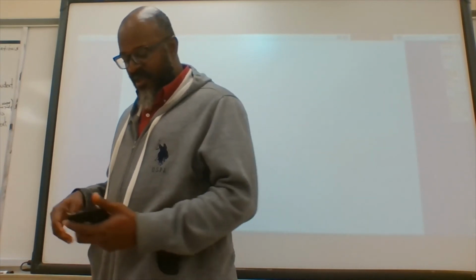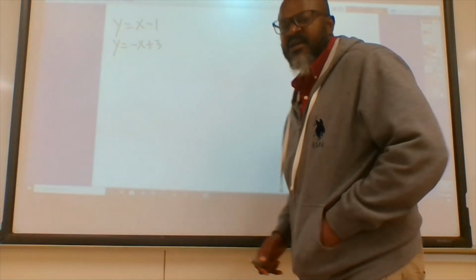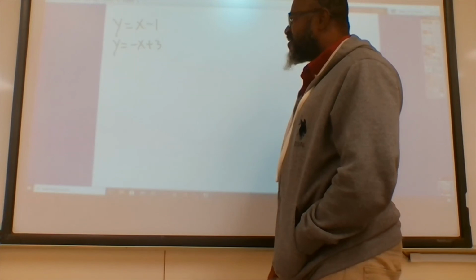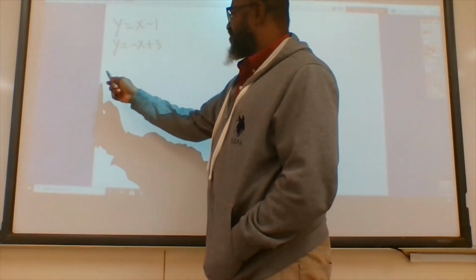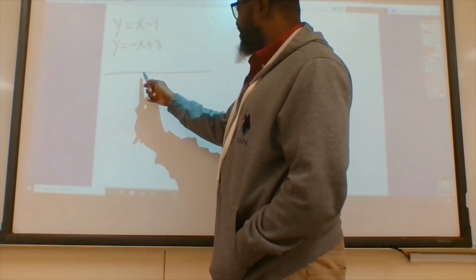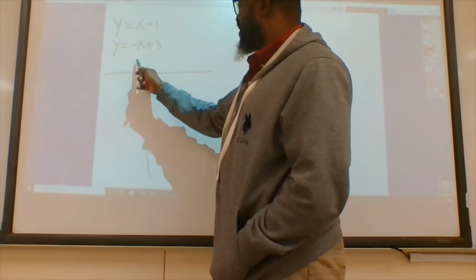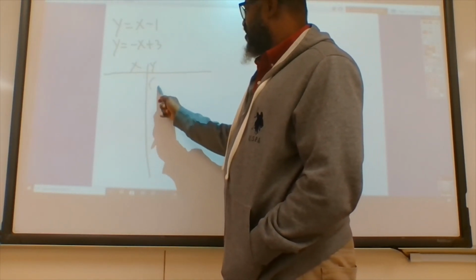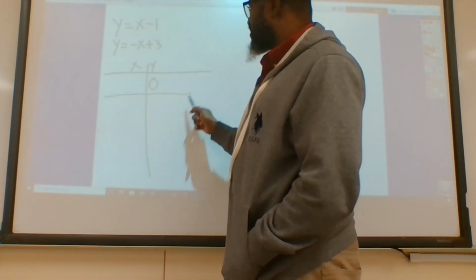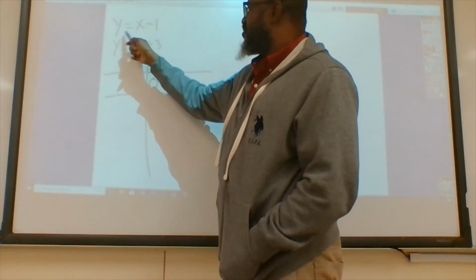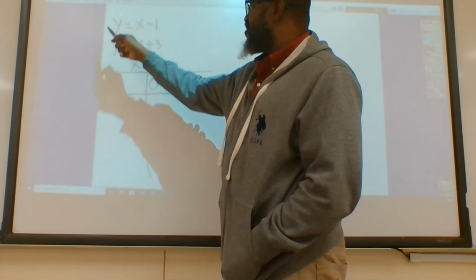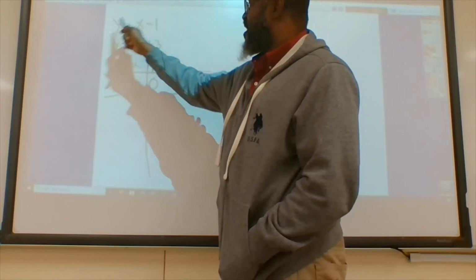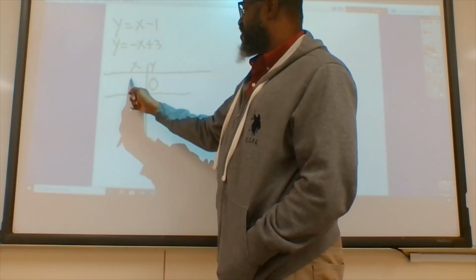So let's continue with more graphing of systems of equations. We have the system here. I'm gonna let y equal 0, then I solve for x. When I let y equal 0, I will have to move 1 to the other side, so I will add 1, and x is equal to 1.